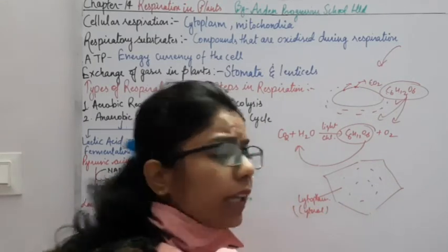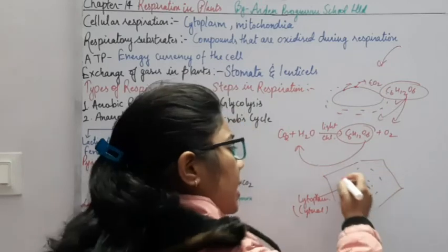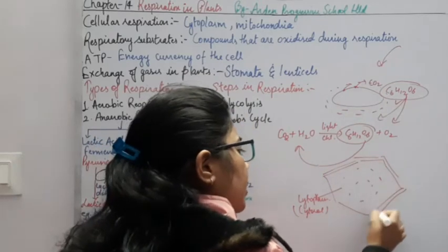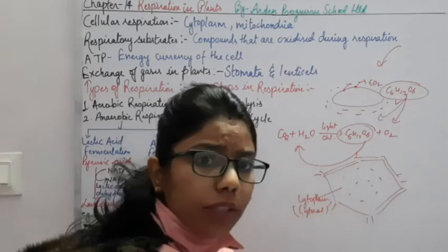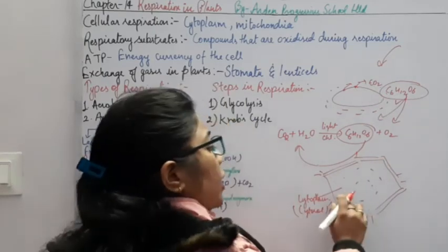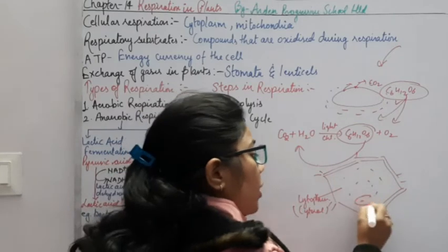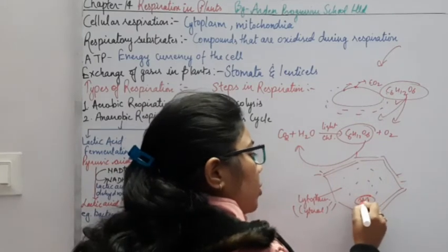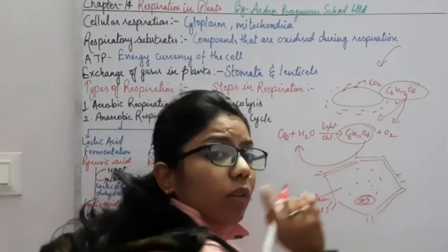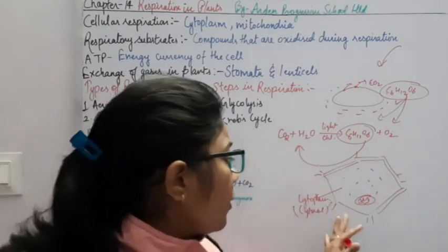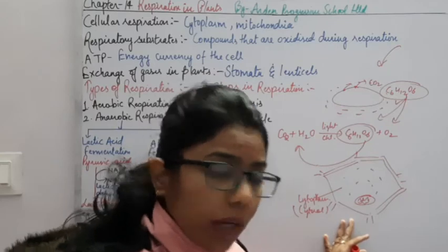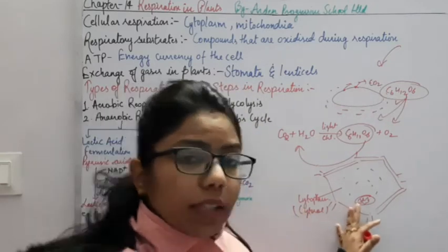And we know that in each cell there is a presence of different types of cell organelles, and one of them is known as the mitochondria. Inside the cell, other things like chloroplast are also there, but in the green part. So in the plant cell, there is a cytoplasm as well as mitochondria.